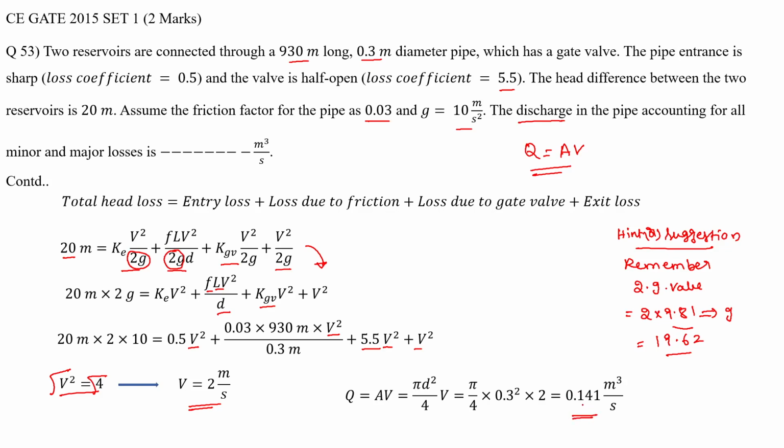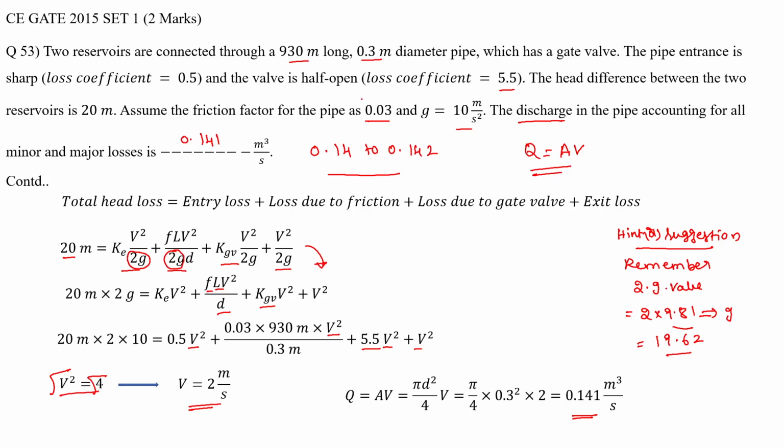The value is 0.1141 meter cube per second. The range is given as 0.14 to 0.142 in the GATE solution.